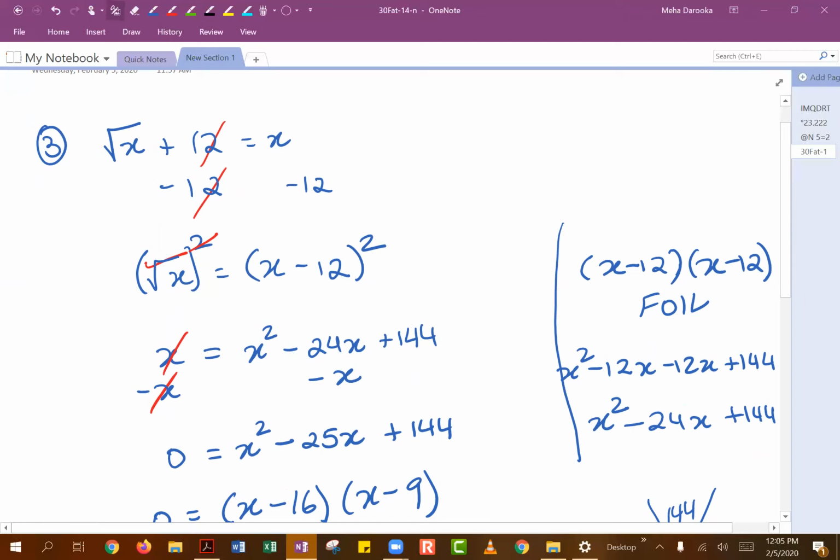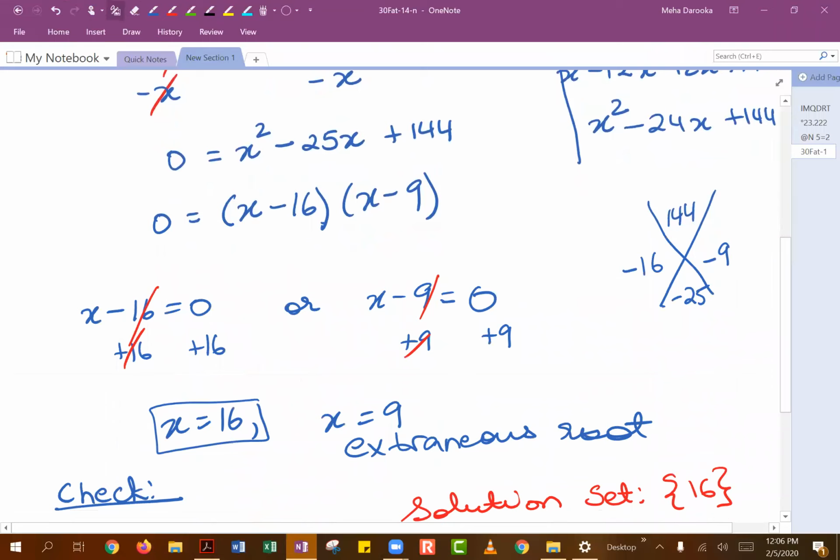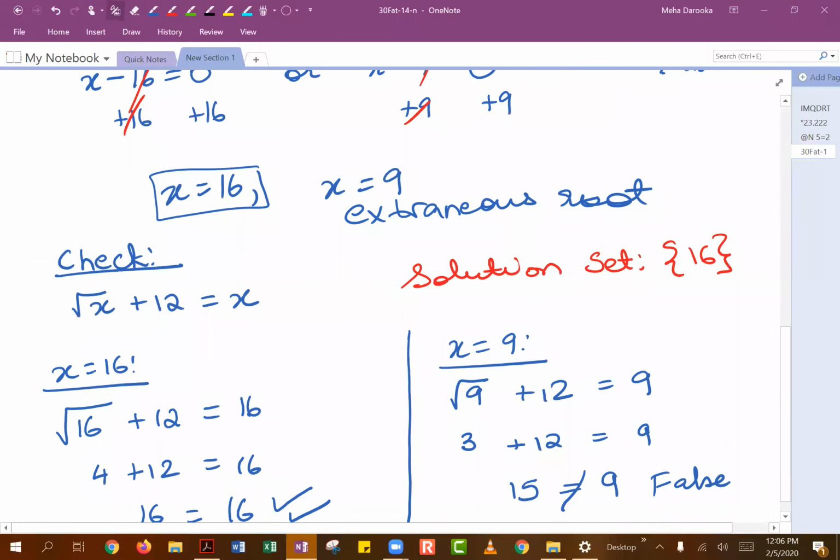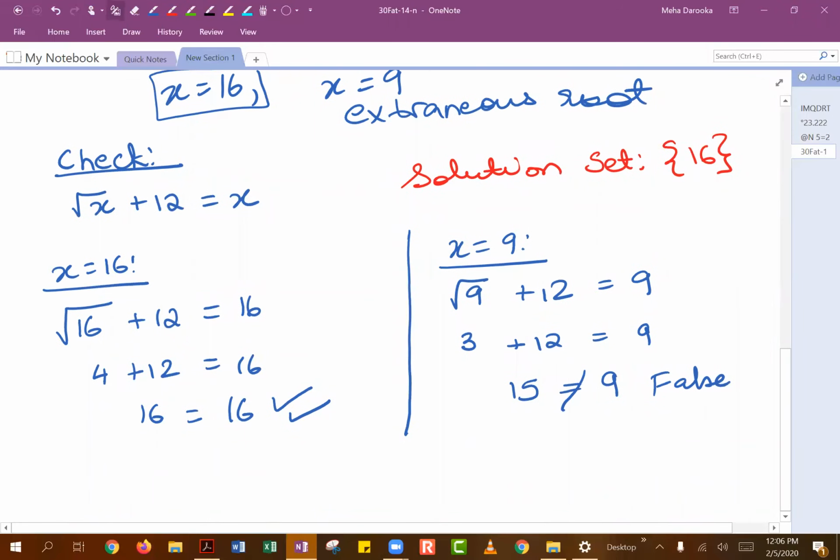You ended up getting x squared minus 24x plus 144, move that x to the right-hand side, which gave us x squared minus 25x plus 144. And then we factored from there, set each factor equal to 0, and then checked both our answers to make sure they would work in the original equation. 16 worked, we kept it. 9 did not work, it got discarded. Okay.